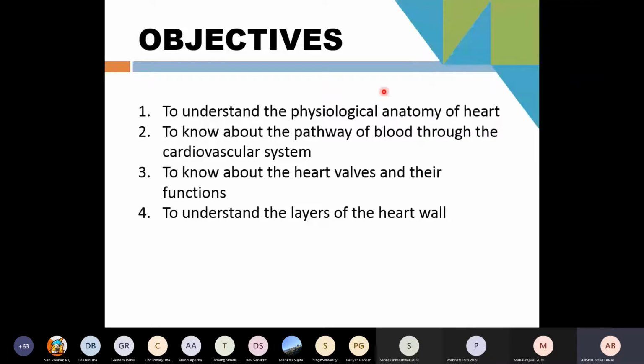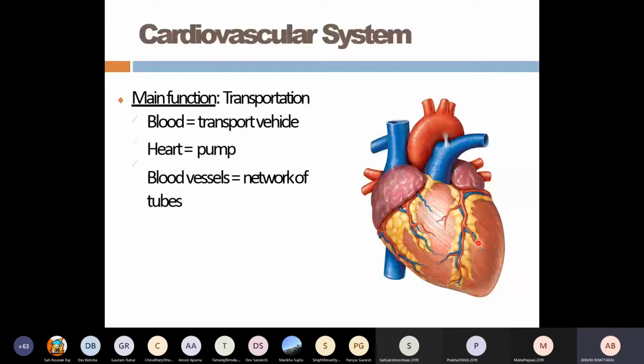Okay. So let us start. As all of you know, I'm sure, the main function of the cardiovascular system is basically transportation. It is a transport system because it transports and distributes essential substances to tissues and removes the metabolic byproducts. Blood is responsible for delivering oxygen as well as the required nutrients to all of our body's tissues.